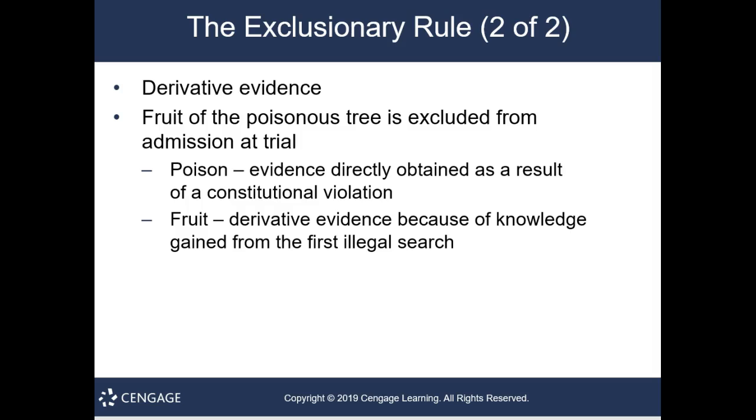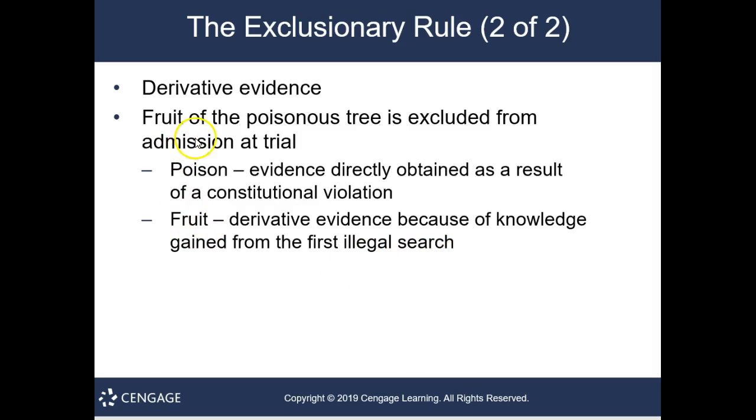It's all bad, and you didn't even know it because you didn't realize perhaps that you were doing something illegal, and now you've ruined an entire investigation. You can't use any of it. Now, poison simply means it's evidence directly obtained as a result of a constitutional violation, and fruit is derivative evidence because of the knowledge gained from the first illegal search.